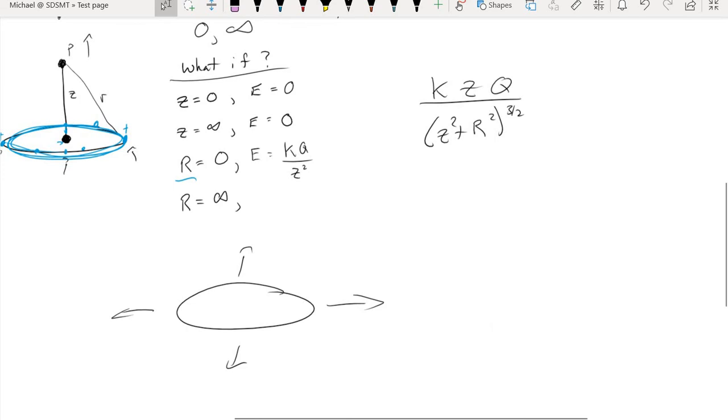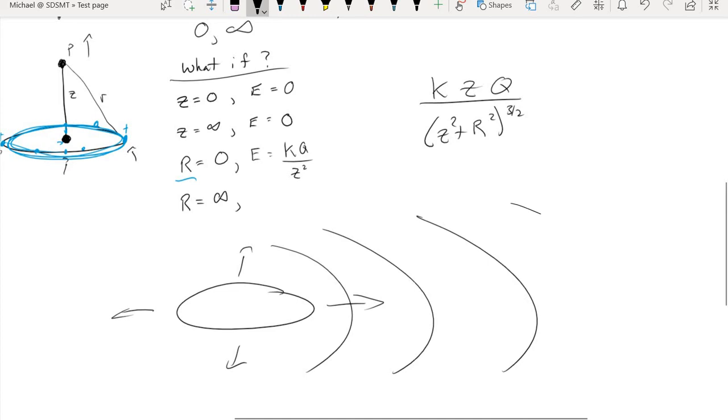But if you do that, as this ring gets larger and larger and larger, are you able to see the edge of that ring? And the answer is no.